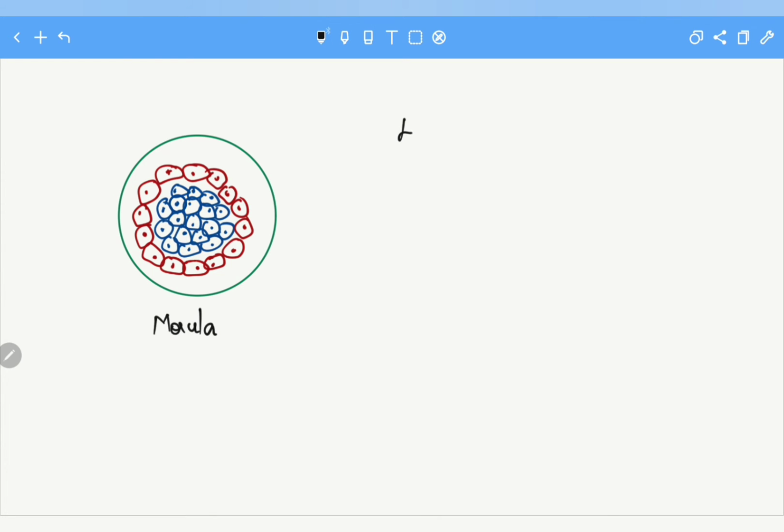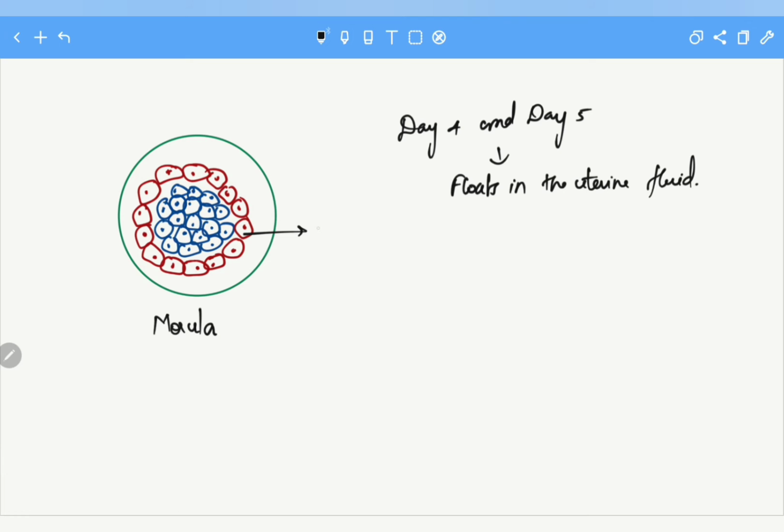So around day 4 and day 5, the morula floats in the uterine fluid. Even after the formation of the outer cell mass and inner cell mass, it is still called morula.